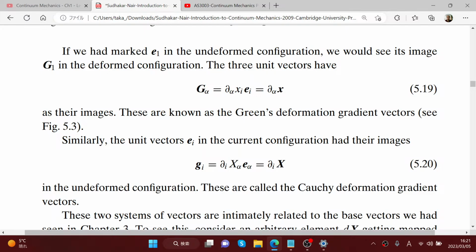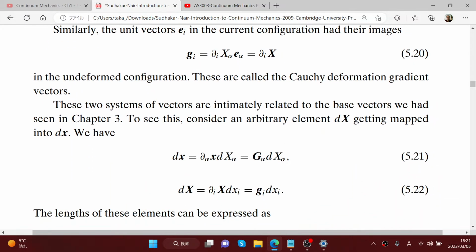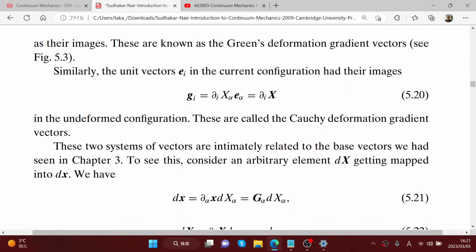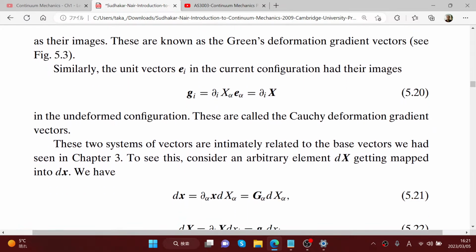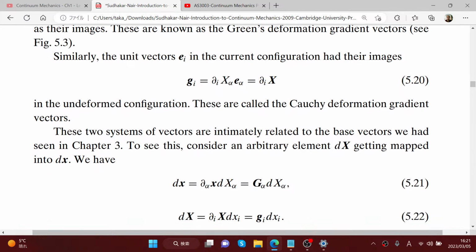Figure 5.3. This is figure 5.3. It's called Green deformation gradient vectors.